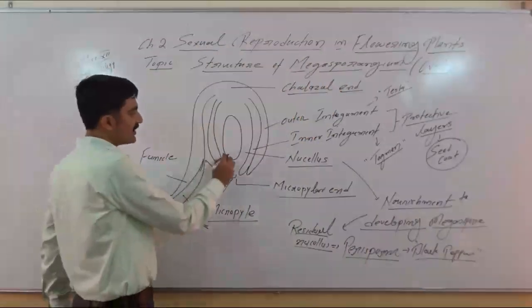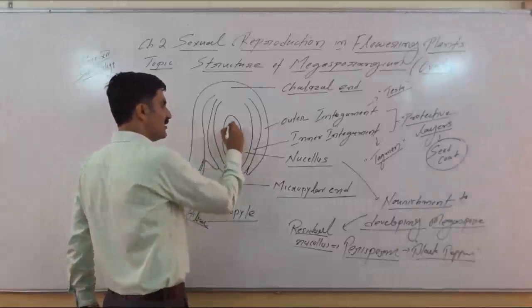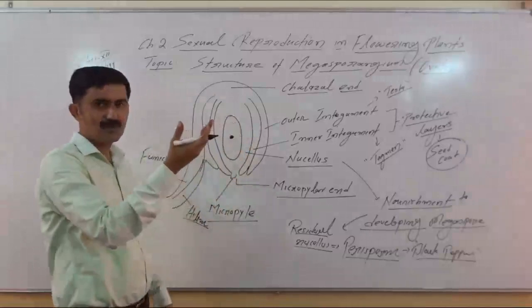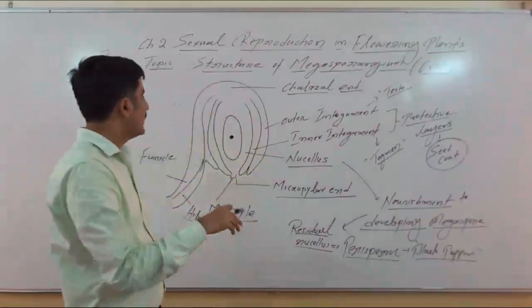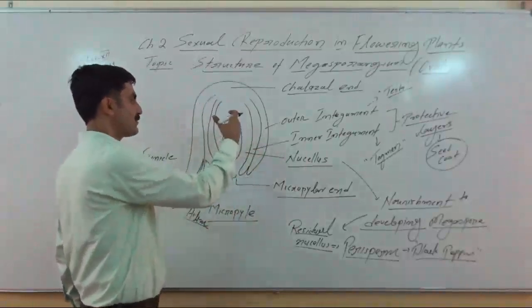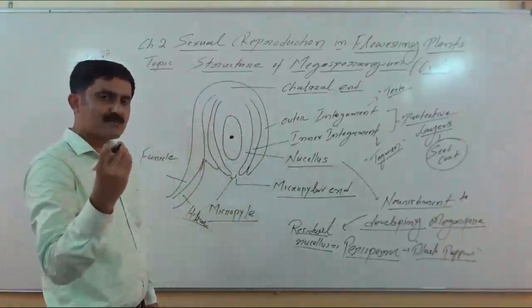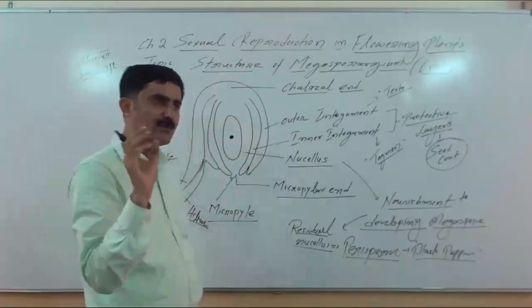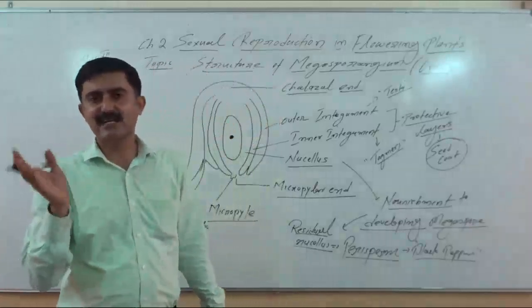One more point we can add here: the megaspore mother cell undergoes reductional division, meiotic division, and that forms four megaspore cells, three degenerate, and ultimately the embryo sac develops, that is 7 celled and 8 nucleate.